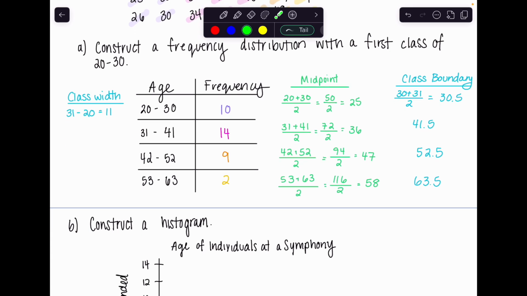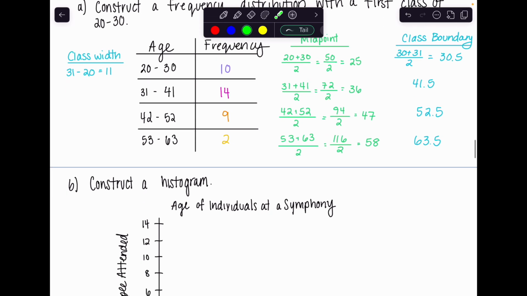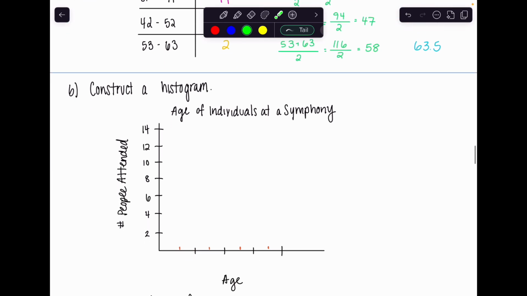Now we're going to construct a histogram and also a frequency polygon. Again, it depends on the book, the problem, and the software you use what's going to go on your legend down here. Sometimes you only want a single marker to represent that class, and if that's the case at the bottom, you would put that midpoint or the class mark.